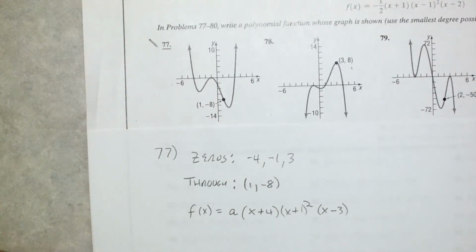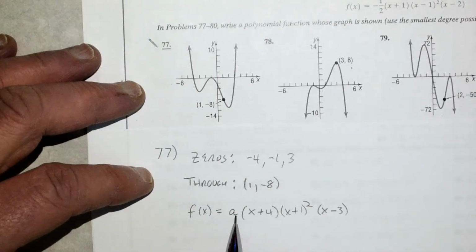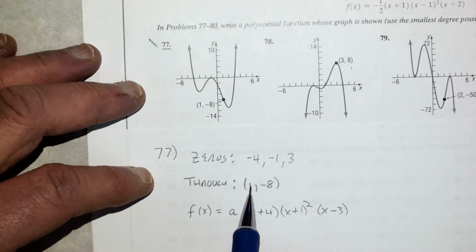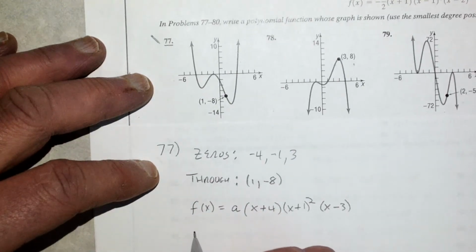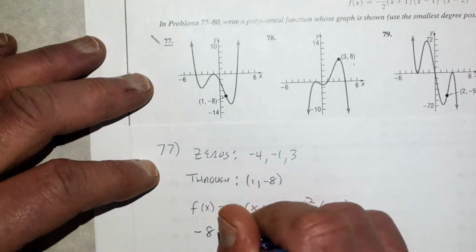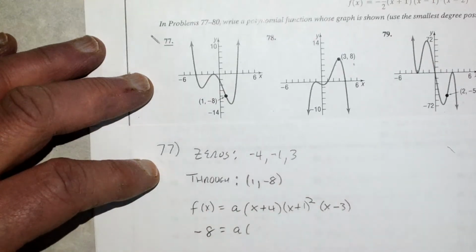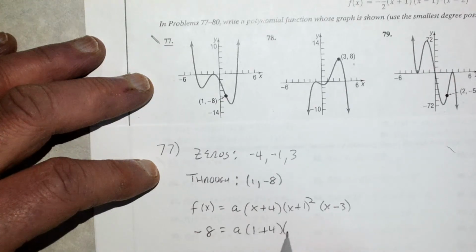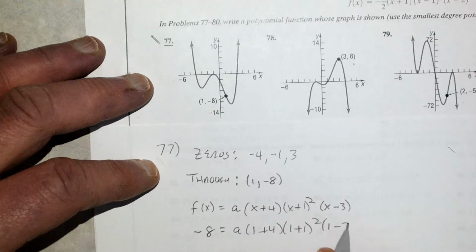Well, the problem is we don't know exactly what the value of a is. So what we're going to do is substitute 1 in for x and negative 8 in for f of x and solve for a. So we would have negative 8 is equal to a times, and we'll put 1 in for x here, and 1 in for x here, and 1 in for x again.